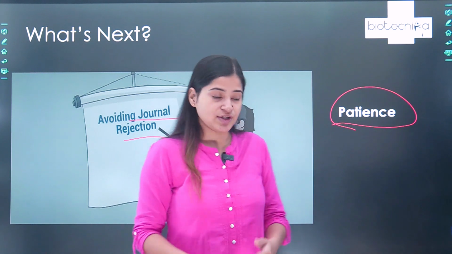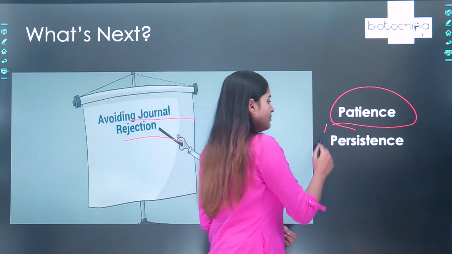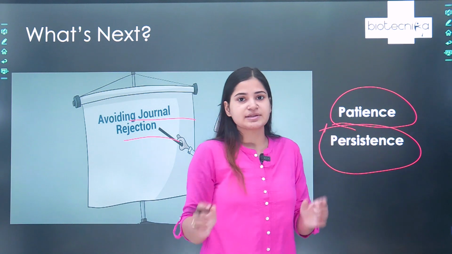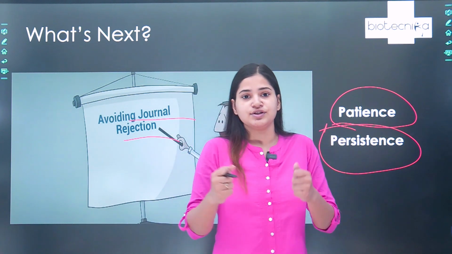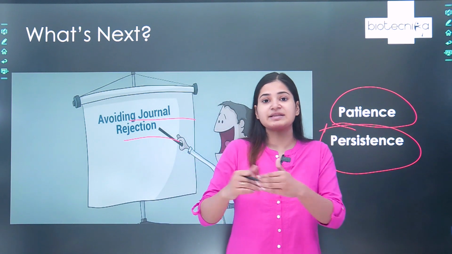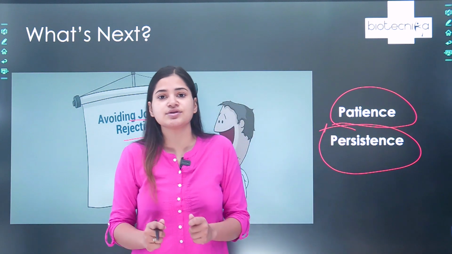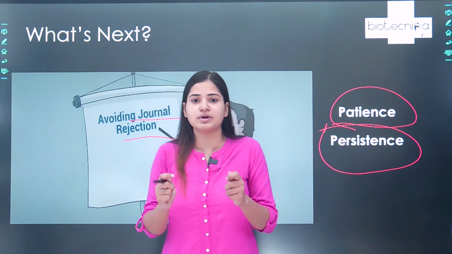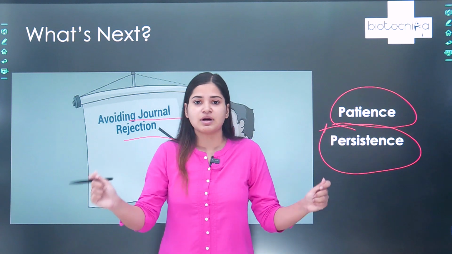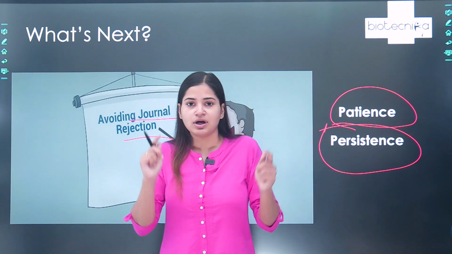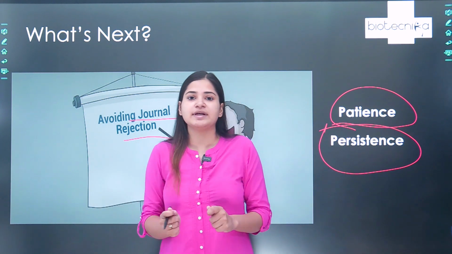Holding your patience, becoming persistent, because persistence will lead you to a better side, because you are sticking to your values, you are sticking to your work, you are not letting the storms around you shuffle your mindset just because you faced a rejection.